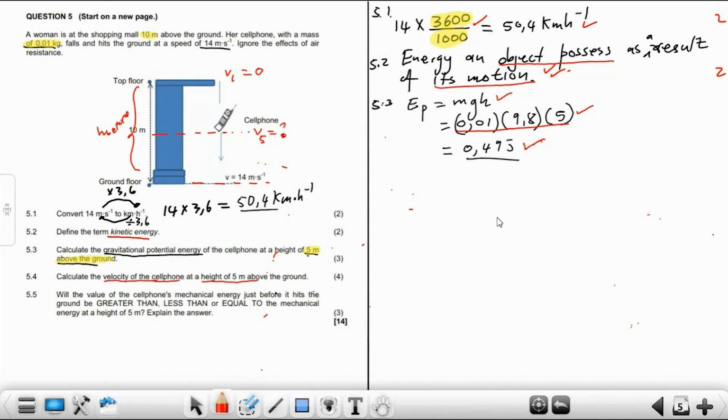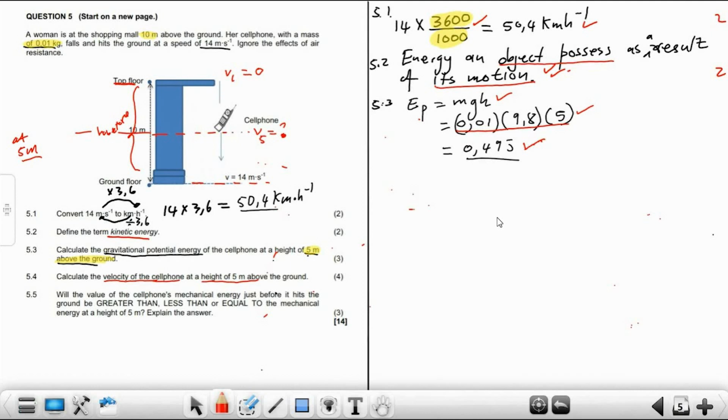We are interested in what is the V here. What can we use, because we have two reference points: the top of the floor and this part here which is at 5 meters.